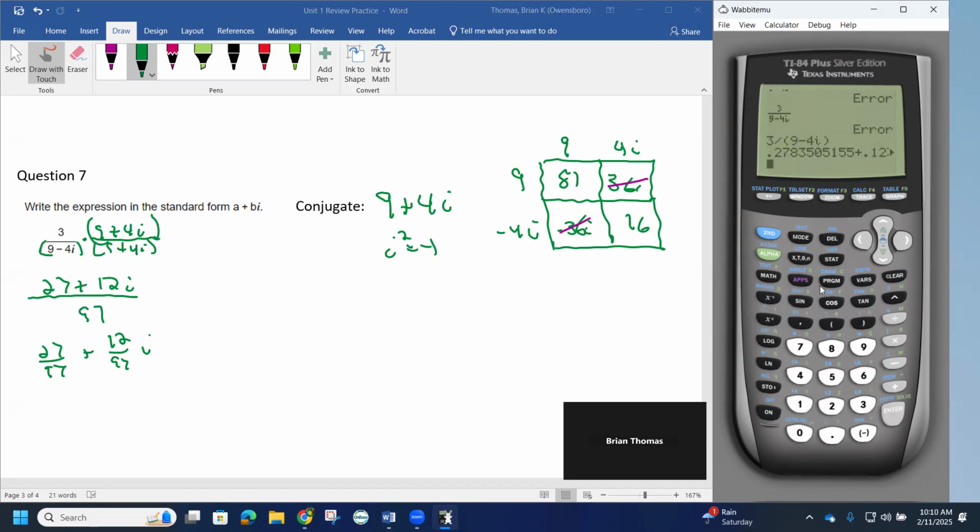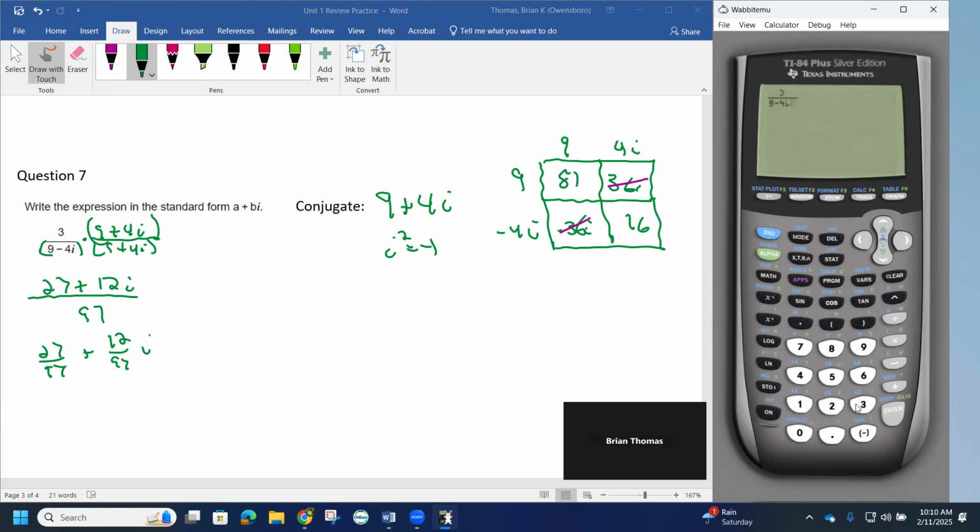So that does work. Let me see if I can do math, answer a fraction. So yeah, it will change it to 27/97 plus 12/97 i. Let me try it the other way again. Alpha F1 n over d, 3 on the top, 9 minus 4i on the bottom. It doesn't like it that way. Huh, interesting.